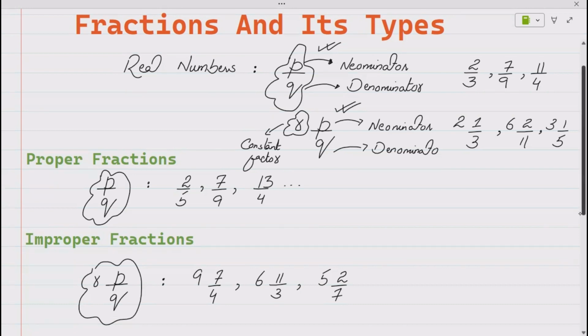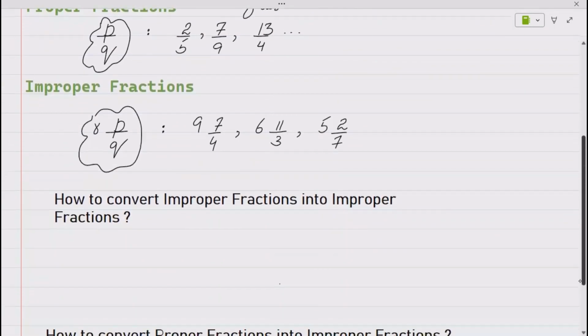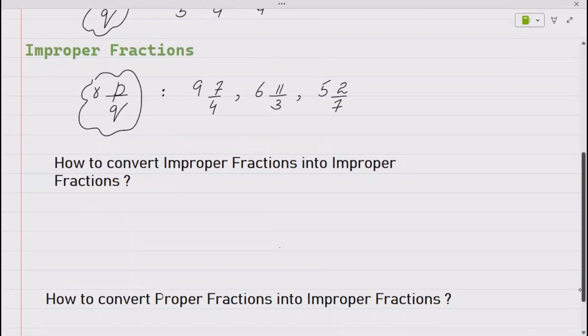Now let's see how we can convert one fraction into another fraction. First see how to convert an improper fraction into a proper fraction. Let's say we have an improper fraction, for example 2 5 upon 3. We know this fraction is improper because there are three numbers.